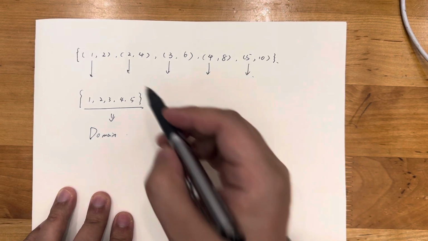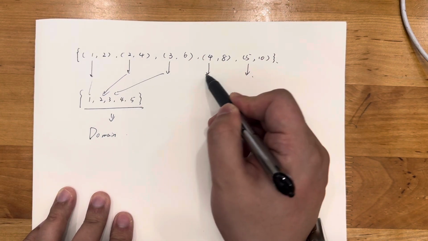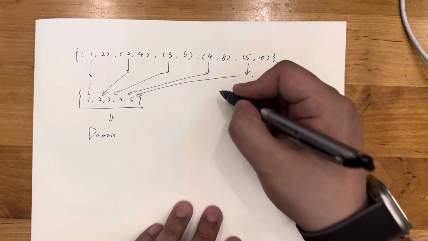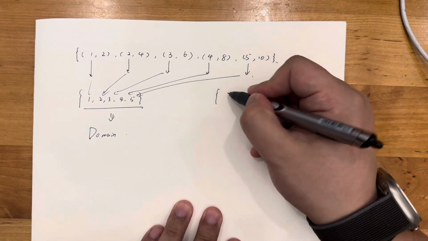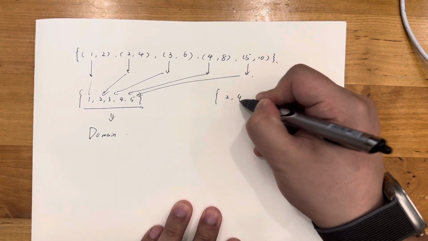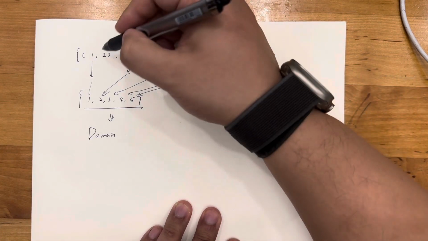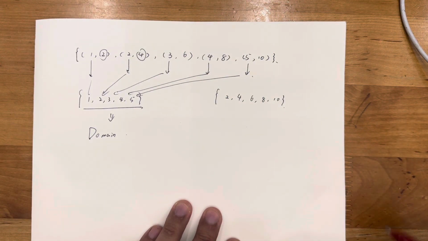Let's place all this over here so you folks can see this clearly. Then you may already know we can take all the second parts out. So there will be 2, 4, 6, 8, and 10. Let's get all this and use a different color.